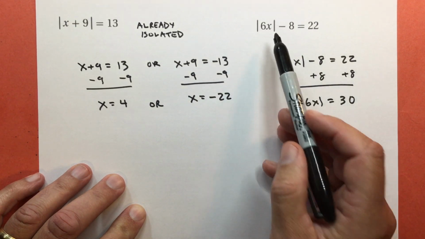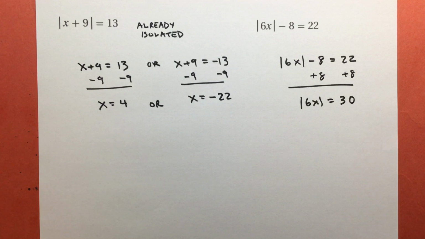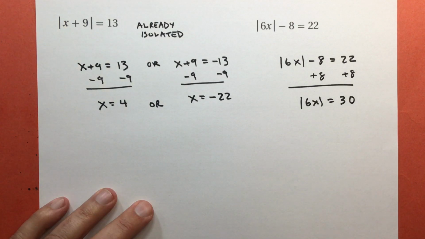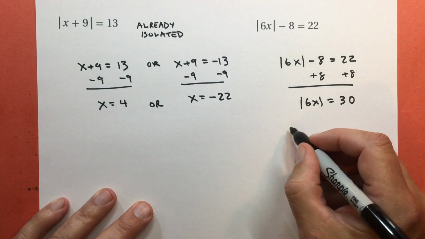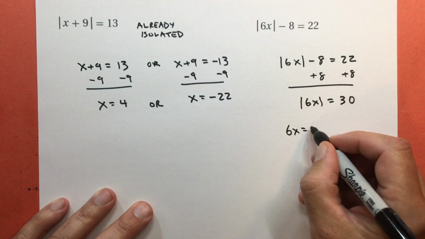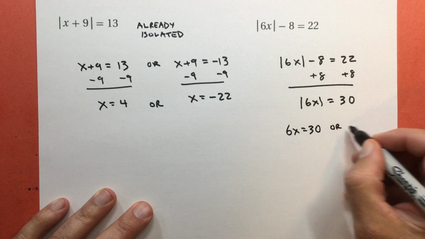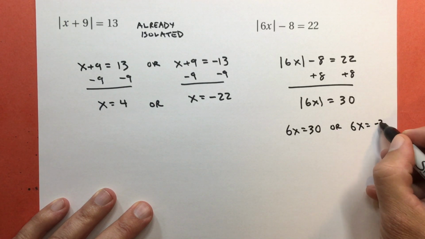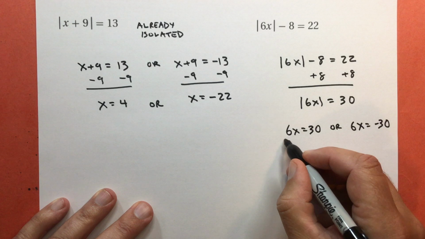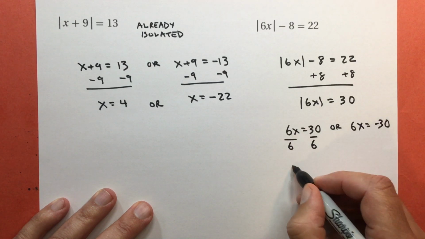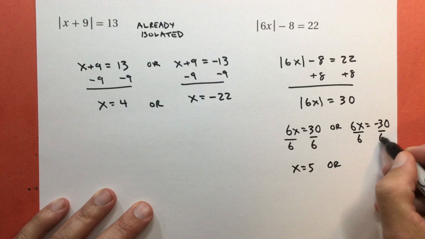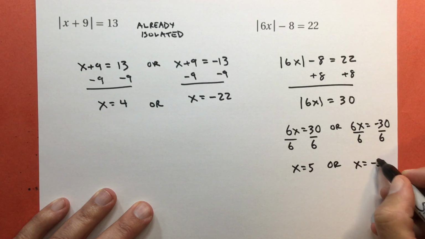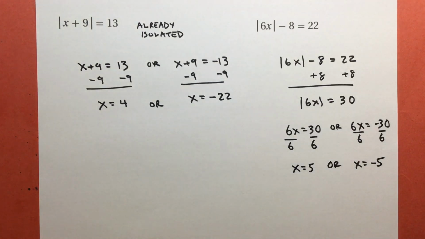You have to get the absolute value expression by itself first. Since it's isolated now, I split it. I get 6x equals 30, or 6x equals negative 30. Divide by 6, x equals 5, or x equals negative 5.